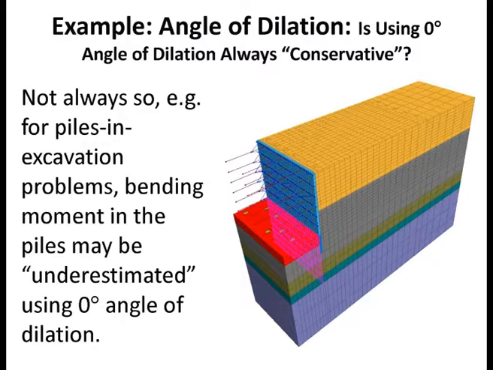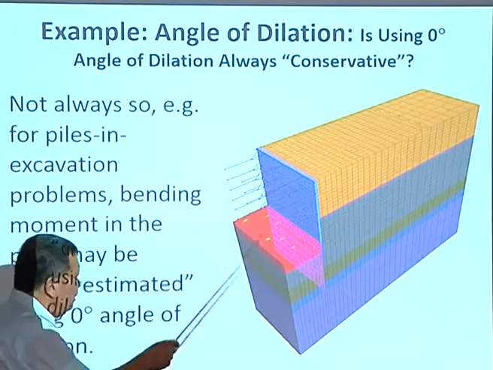So basically, there's still a very pervasive notion in Singapore that we must use 0 angle of dilation. And so I did this job for one of the projects, which is a common services tunnel in the Marina South area in Singapore, where this is quite common now. It's a trench problem.